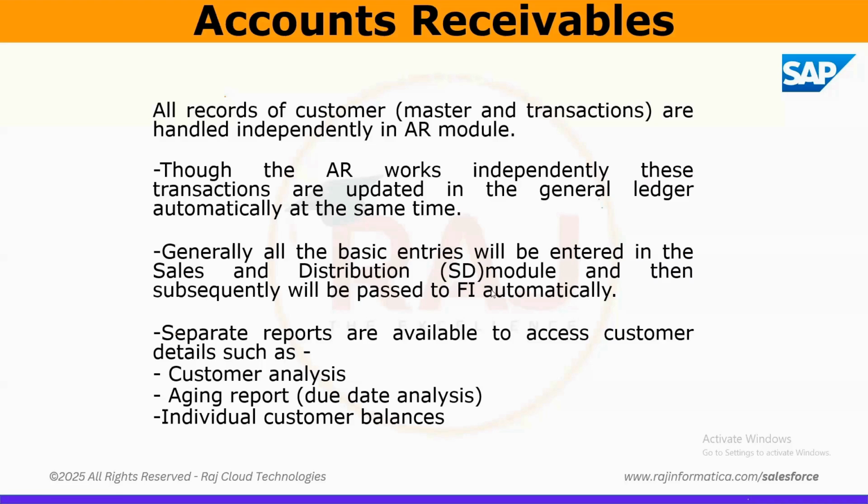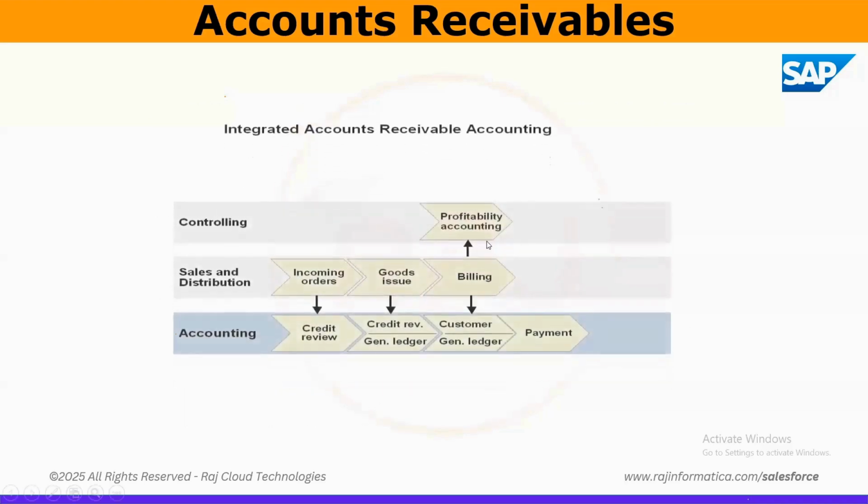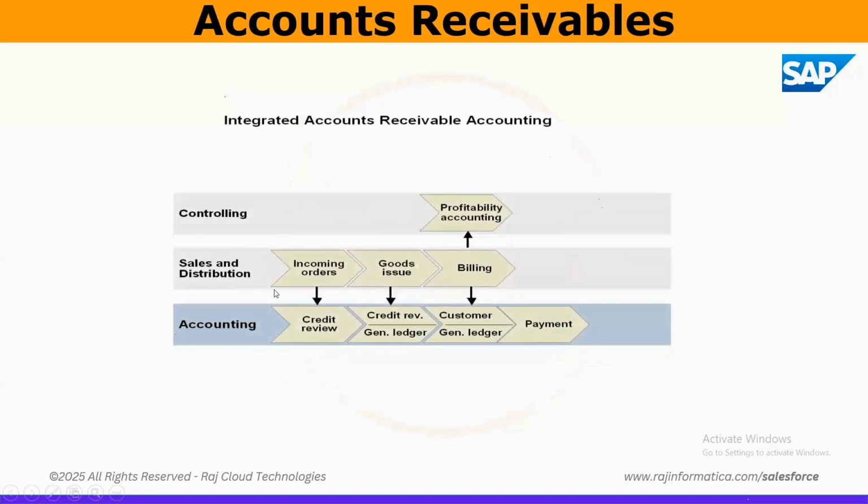Okay, so this is what the integrated account receivable cycle looks like. When in SD there is a sales order, in accounting we don't have any accounting impact entry. When goods issue or delivery has been done, you will have the entry posted for your finished goods stock amount and quantity. Then billing will be created by the SD module, so that it will be posted automatically to FI as a customer-to-sales entry, and your customer will now be due for payment.